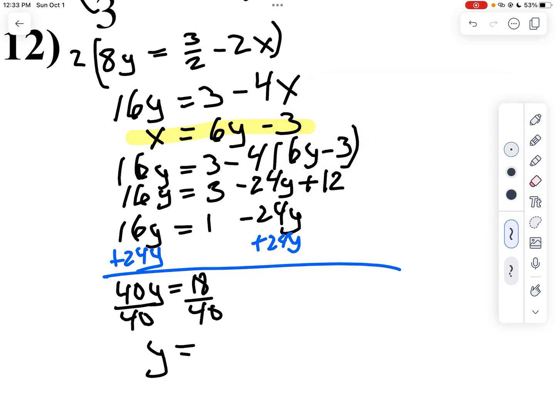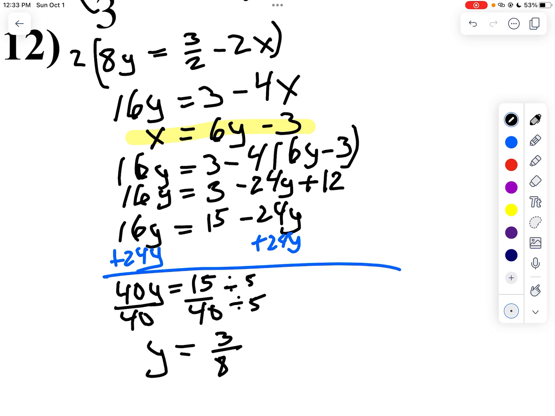Okay. There we go. So I want 15, 3 plus 5 is 15. And then I divide by 5. 15 divided by 5 is 3. 40 divided by 5 is 8. So you get 3/8 for y.